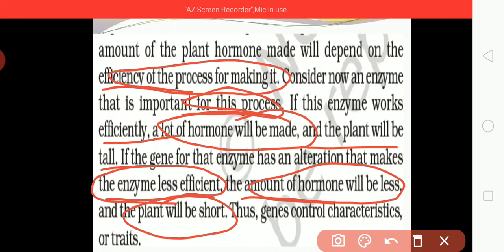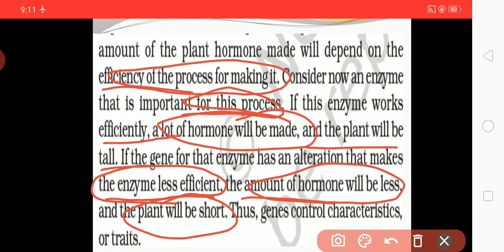And if the enzyme is efficient, then the amount of hormones will be greater, and due to which the plant will get a proper amount of tallness. So it totally depends on the hormones, and hormones are made because of the efficiency of an enzyme.